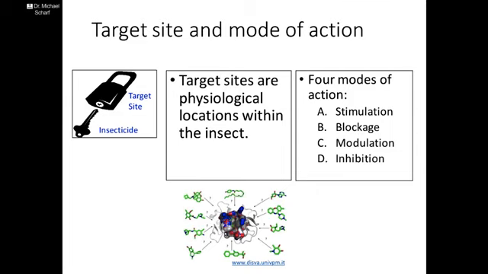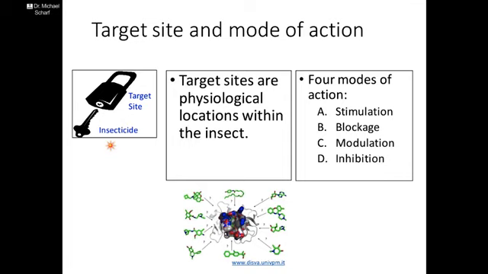So then drilling in a little more closely on target site and mode of action. Just to define what a target site is, target sites are physiological locations within the insect. So target site, it's a noun, as I described in my class, right? It's a place within the insect. And so we can think of it over here, we think of the lock and key kind of analogy.